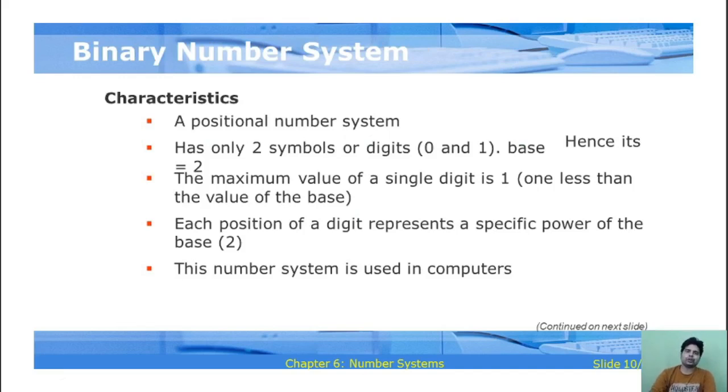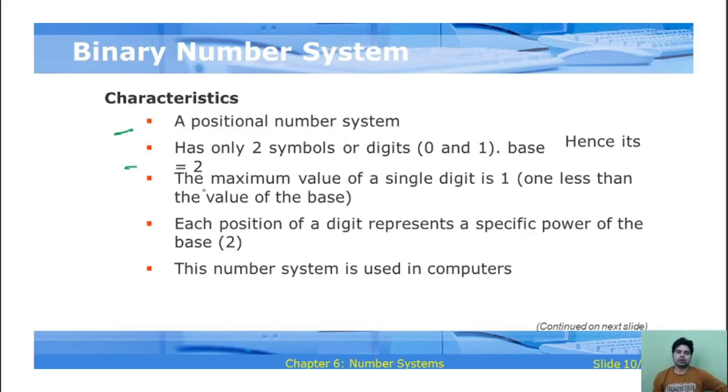Now we talk about the binary number system. The characteristics of the binary number system: it is a positional number system and has only two symbols, 0 and 1. Hence its base is 2.